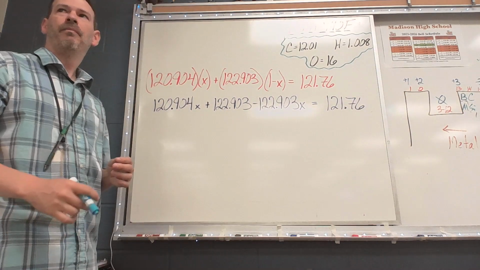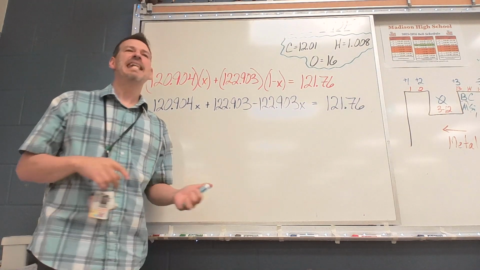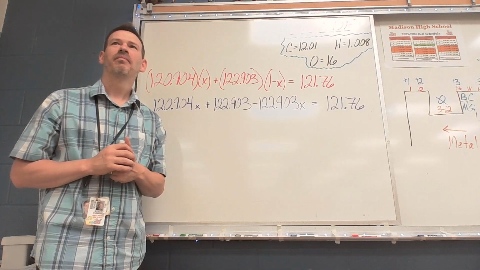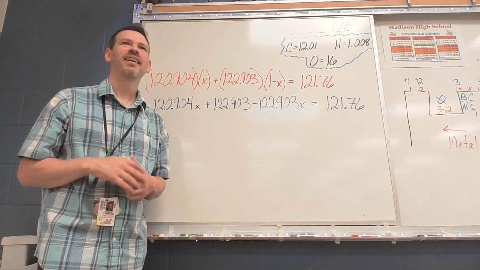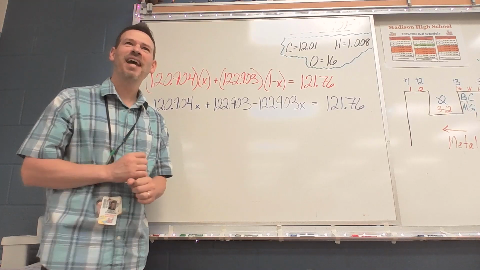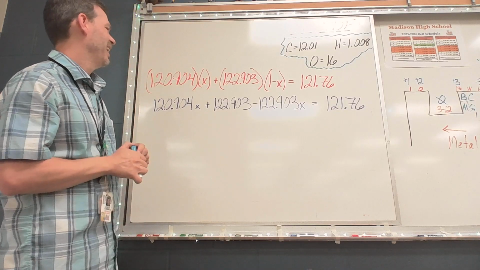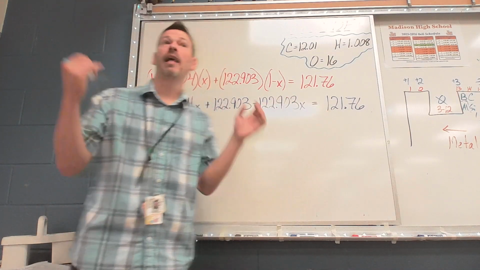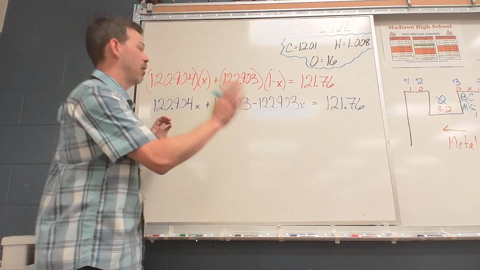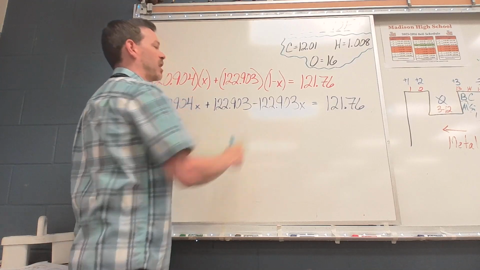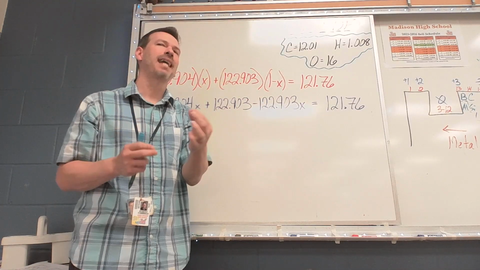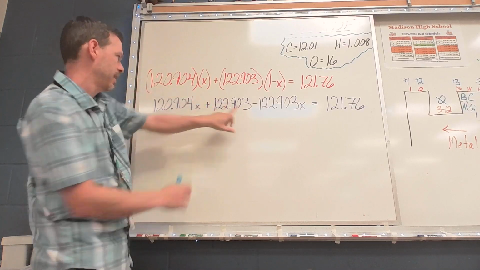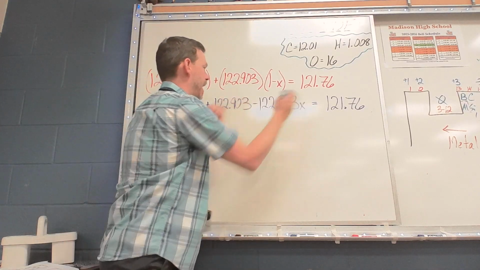We all right? What's the name of the next step? Second and third period both had it. Combining like terms. Very good. I've got a couple items that have a variable and a couple items that don't. So let's combine the variable items first. Now look, the x-containing expressions are on the same side of the equality, which means we're just going to take this minus that.